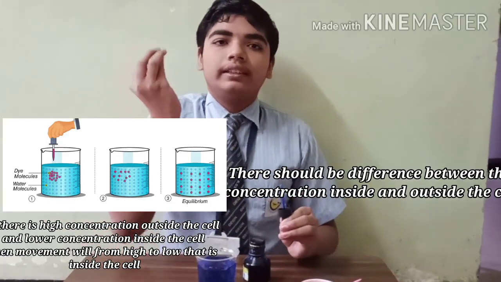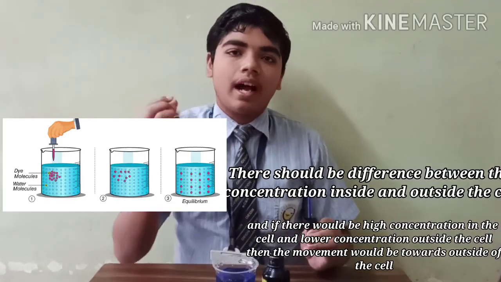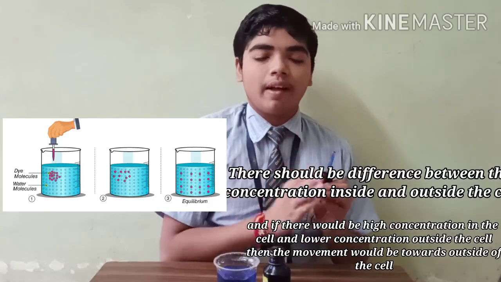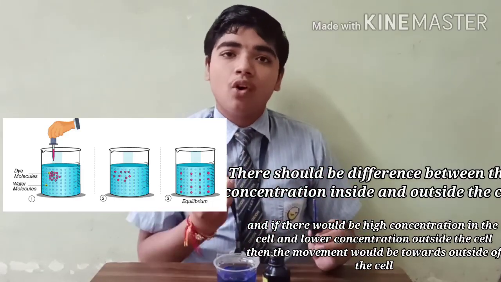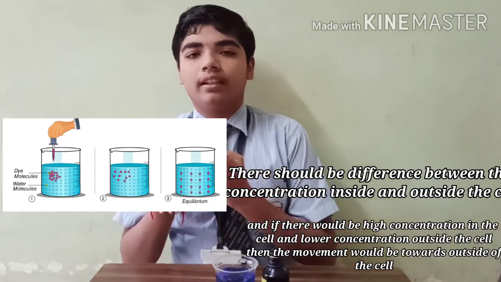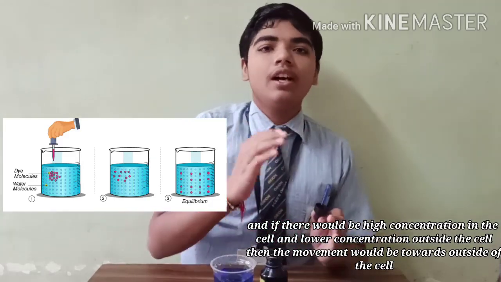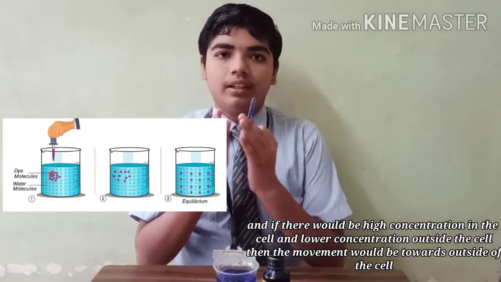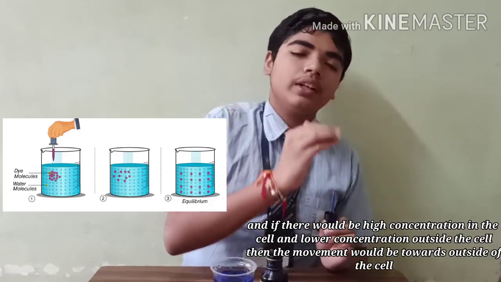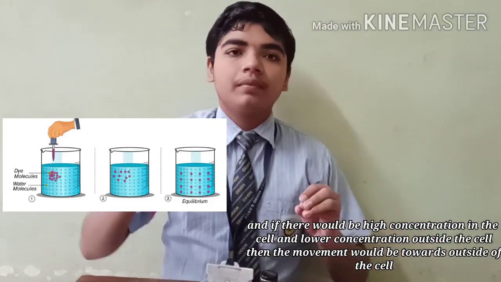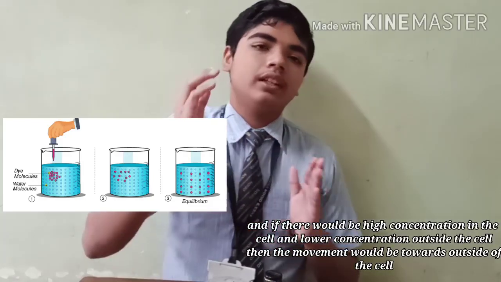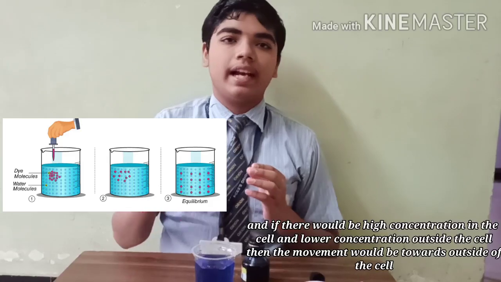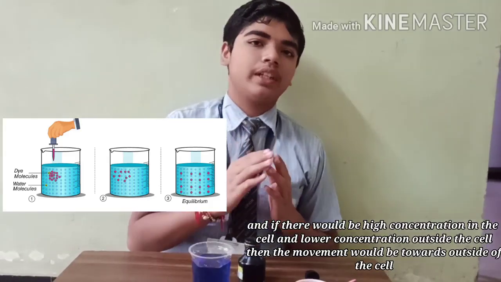And if the cell has a higher concentration of molecules, and the outer environment of the cell has a lower concentration of molecules, then the molecules will move towards the outer environment, and the diffusion will occur outside the cell. That is, the movement of molecules will be outside of the cell.